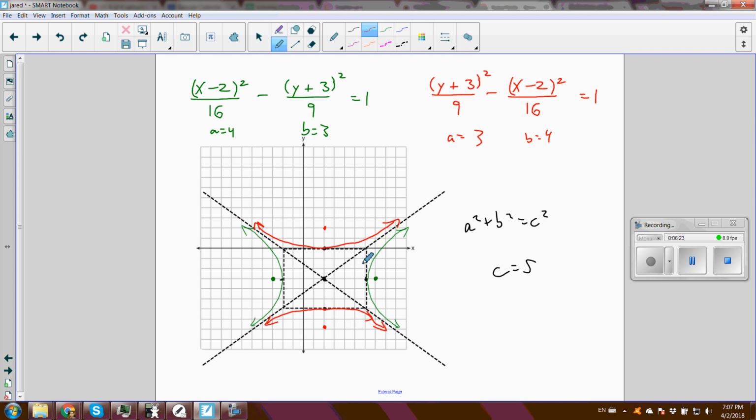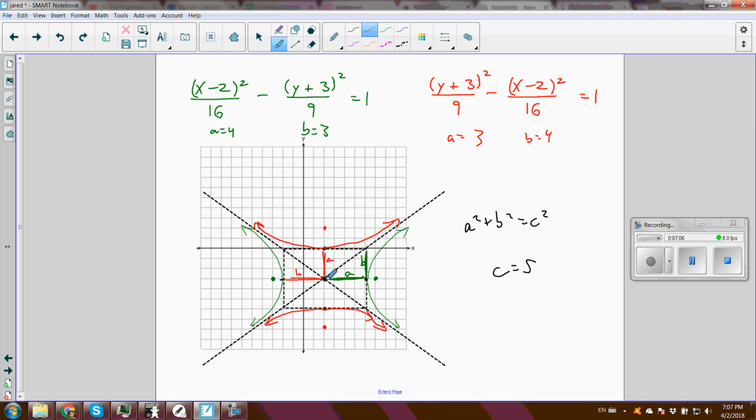In the green, this distance right there is B, and this distance right here is A. But for the red hyperbola, this distance is A, and this distance is B. So the slope of the asymptotes is either B over A or A over B, depending on whether it's an up-down hyperbola or a left-right hyperbola.